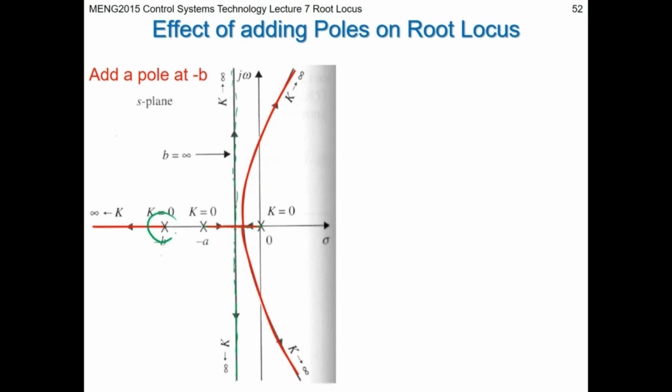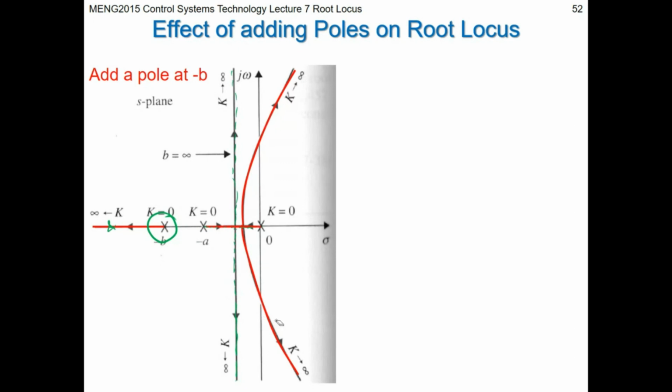Now what I've done is I've added this minus b as an additional pole, and that's caused me now to have 3 asymptotes instead of 2, so the shape of the locus changes. I've got one closed loop root that's going off here on this locus, and I've got a complex conjugate pair going off on this pair of loci.